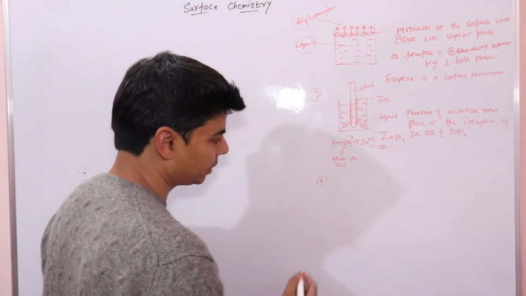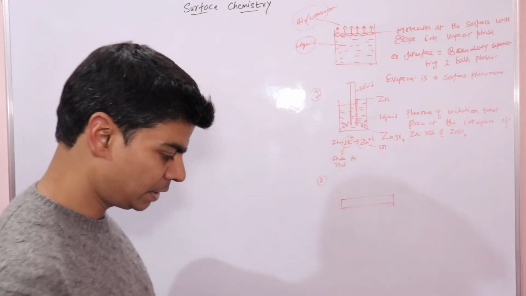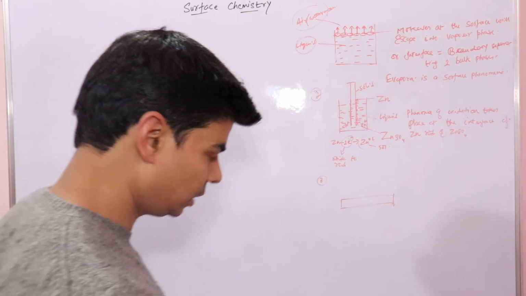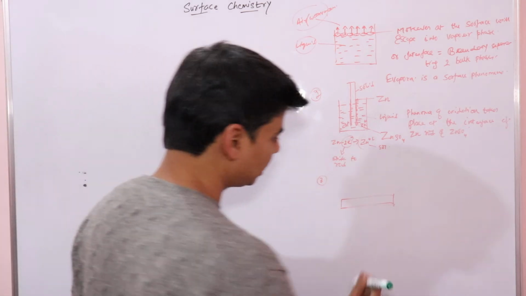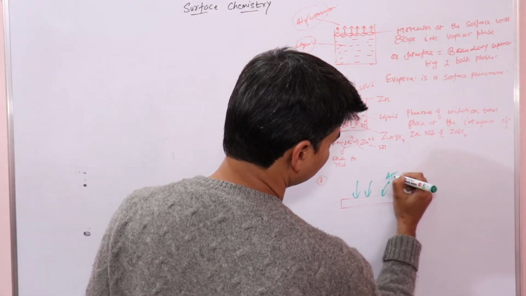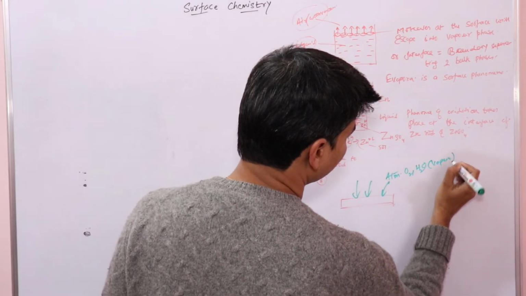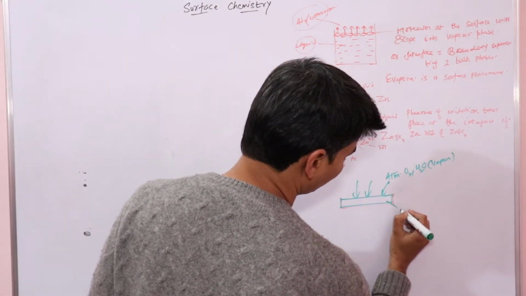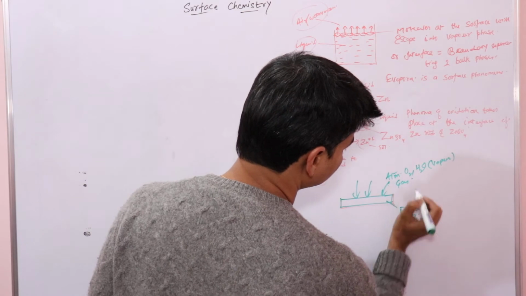In the corrosion of iron, we said if this is an iron rod, a bar of iron which is kept in air, then the atmospheric oxygen and water vapor, these are gases, will start attacking this iron rod, which is a solid.